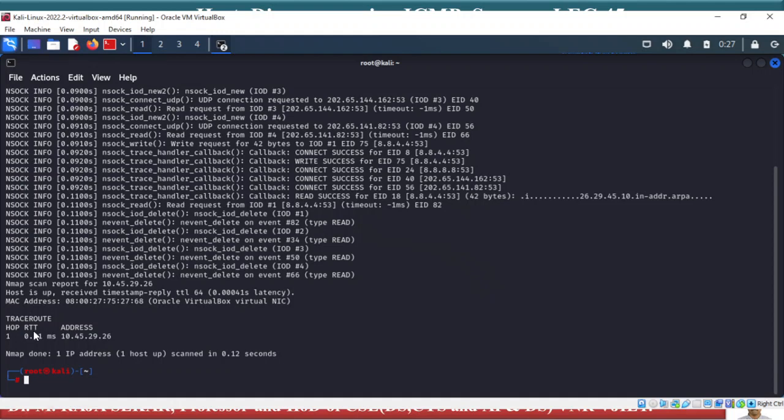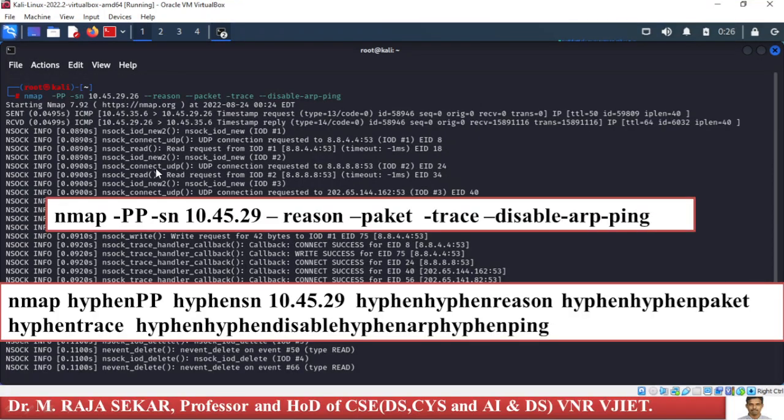Just see what the packet is here. Let me show here. This is the ICMP packet sent, type 13. That's what we are saying. It received an ICMP timestamp reply, type 14 message.